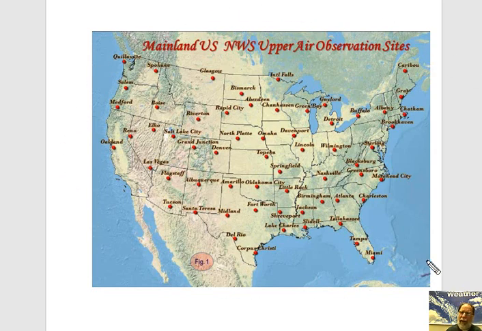And when you take a look at a map of the U.S., the first thing you notice is that these radiosonde sites, these upper air observation sites, are few and far between. For example, in the Mid-Atlantic region, you see a site right near Dulles Airport in Sterling, Virginia.